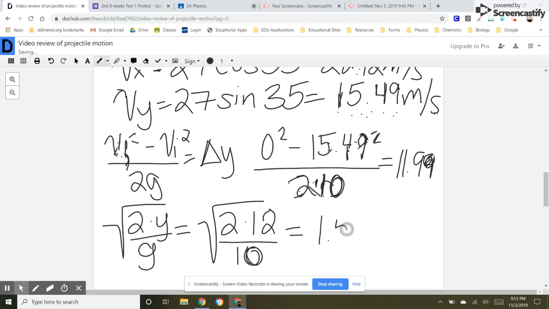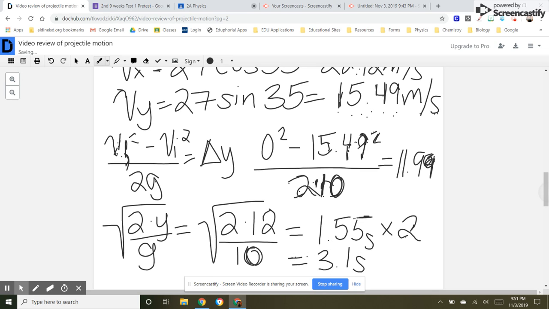So 1.55 seconds. And remember, tricky, I hope you're saying to yourself, multiply by 2, because that's only for 1/2 of the path. So you got to get the other side. So time should be 3.1 seconds.